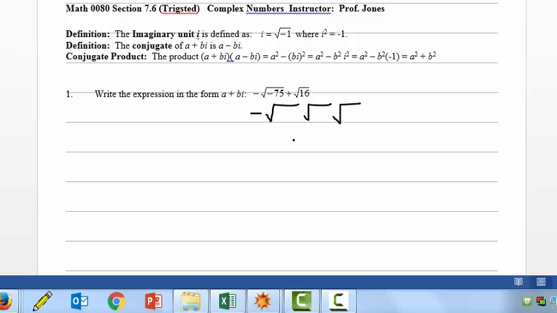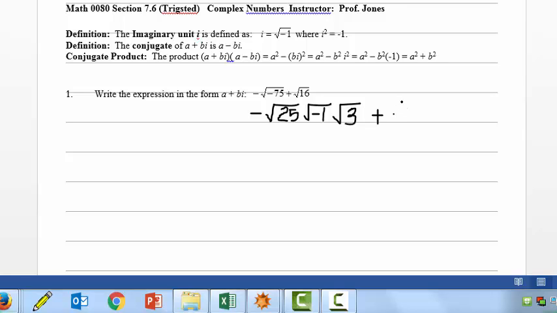The first radical is going to be the largest perfect square factor of 75, and that's 25. The last radical is going to have 3 because 25 times 3 is 75. And then the middle radical is going to have -1. So this is how I'm going to simplify negative square root of -75.